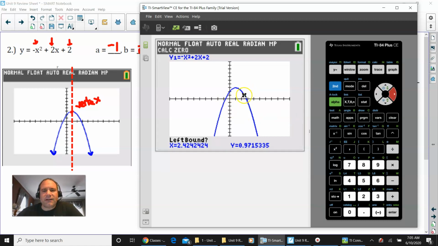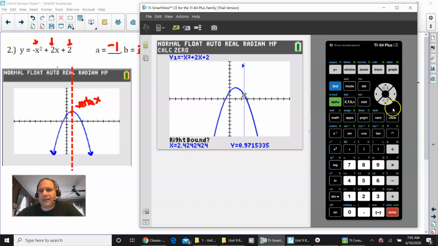And I'm going to say, all right, I'm going to stop there. That is left bound. I'm going to press enter. And then right bound is right about there. I'm going to press enter. And then a guess is right about there. Press enter. It is 2.73. Round it to the nearest hundredth. Right?